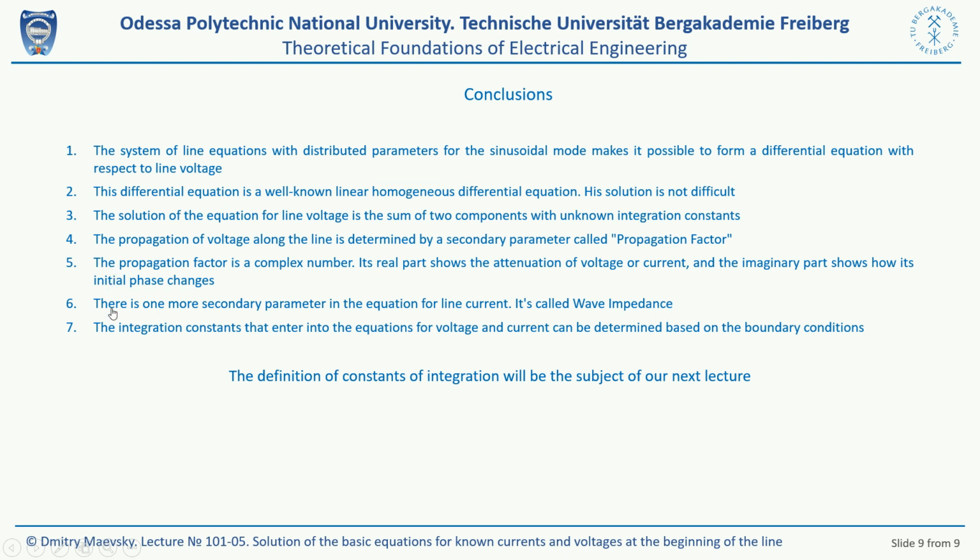There is one more secondary parameter in the equation for line currents. It's called the wave impedance. The integration constants that enter into the equations for voltage and current can be determined based on the boundary conditions. The definitions of these constants will be the subject of our next lecture.